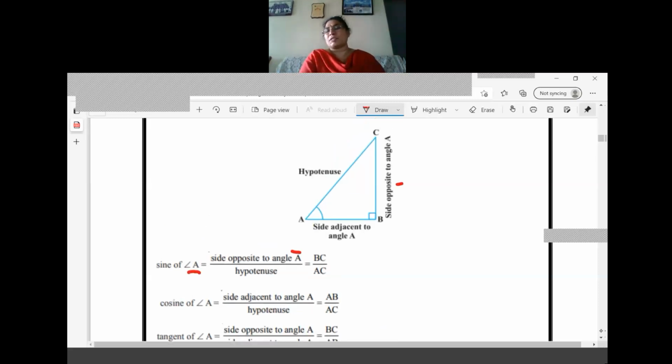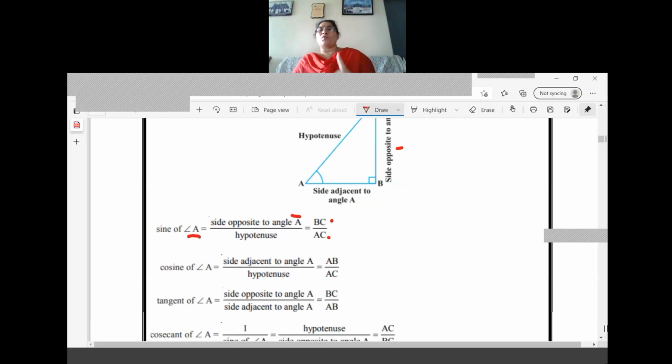So we have written BC here, and then the hypotenuse, which we already know is AC only. So the first ratio we are studying here is opposite side by hypotenuse. What is the name for that one? Sine of angle A. We are studying sine of angle A only, right?